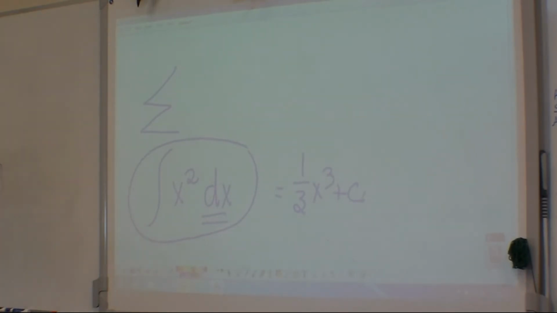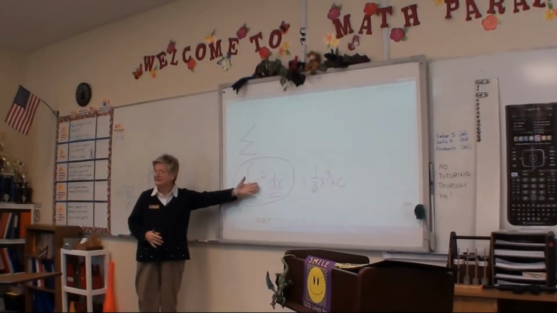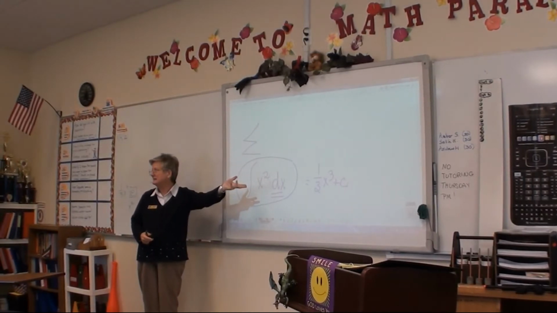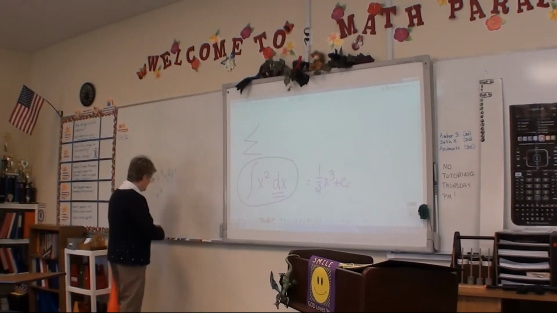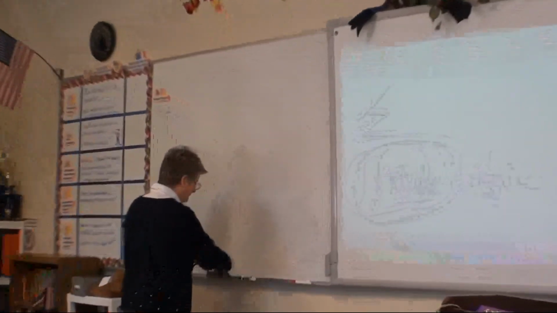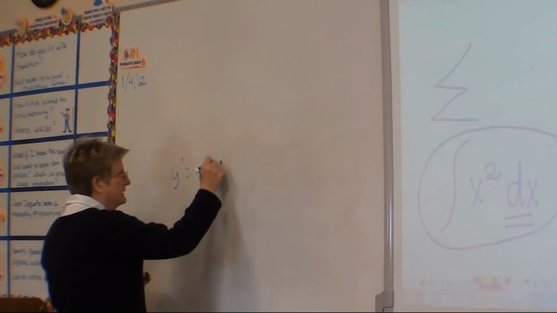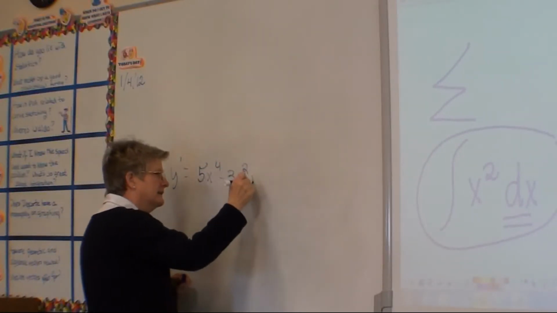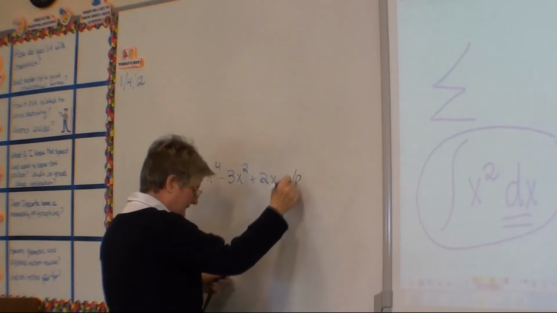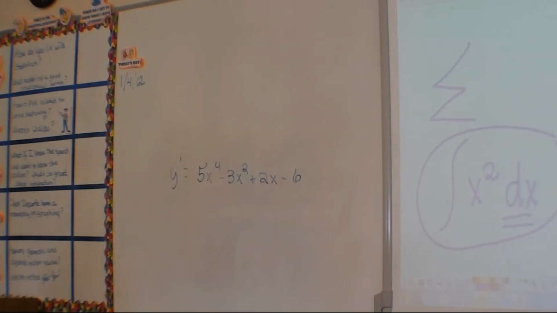Now the question is, if I give you something, you know, Austin just came up with this in his head. Well, when it gets more complicated, you don't want to come up with stuff in your head. You want a rule.